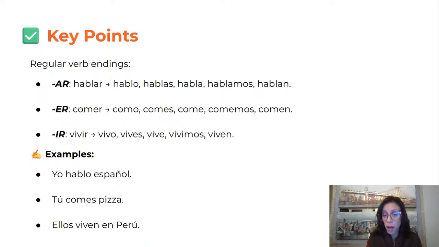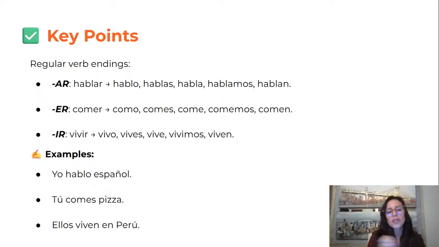We dropped the root from the verb hablar, and we put instead the verb gustar. And we got the same outcome. We got the same result because the endings are the same. Why? Because they are regular AR verbs. Yeah, that was more or less the idea that I wanted to share with you with these key points at the beginning. Examples. Yo hablo español, tú comes pizza, ellos viven en Perú.